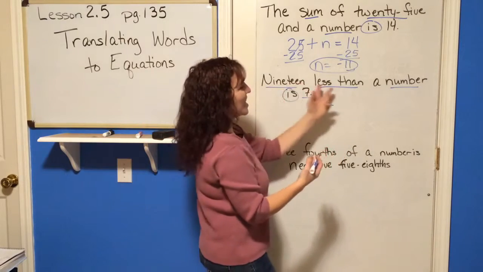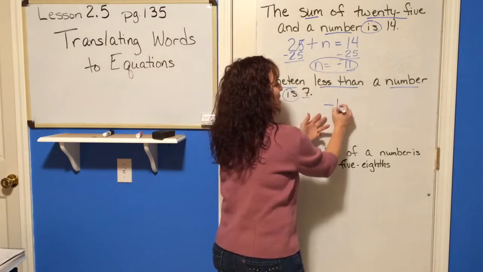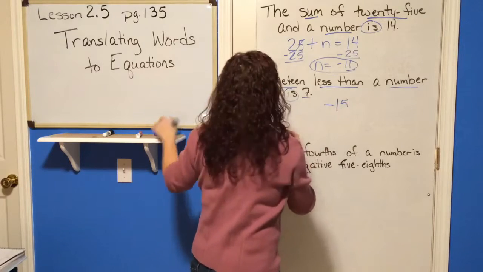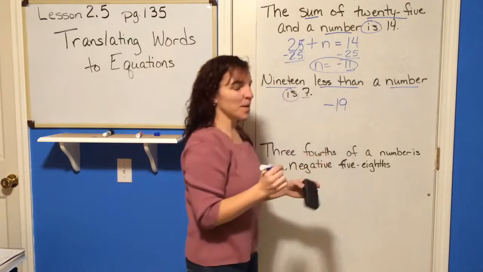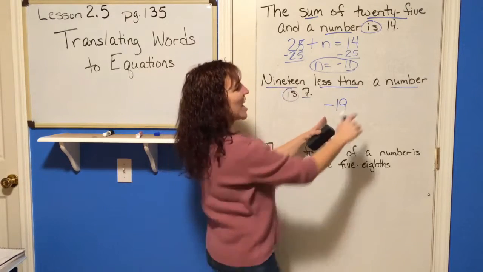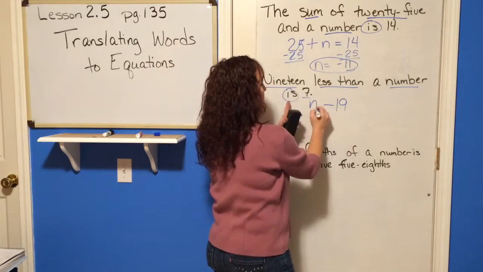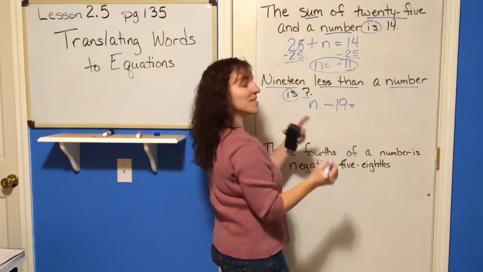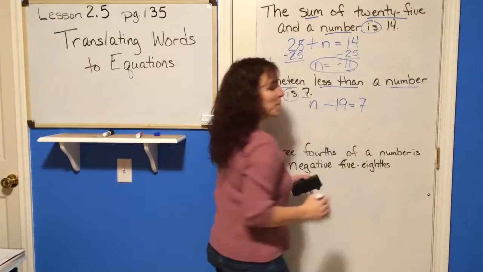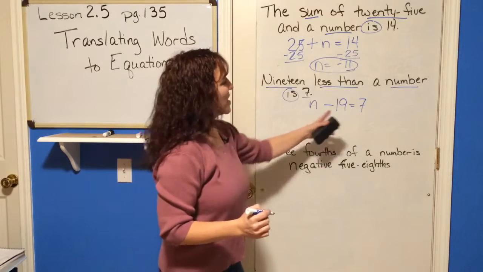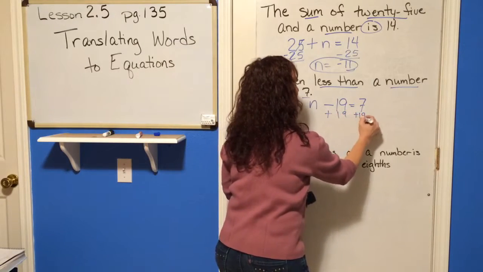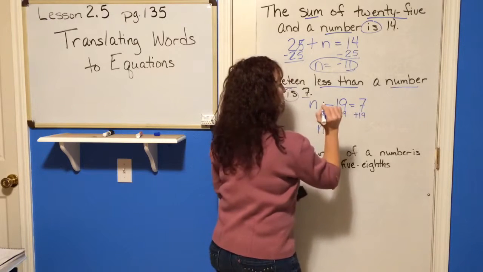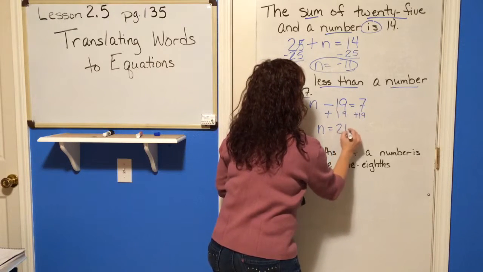So if it's 19 less than, then 19 is what you're subtracting. So 19 less than a number, that's your n, is 7. And now you solve it. They subtracted, so you have to undo that, so you have to add 19. So n equals 7 plus 19, which is 26.